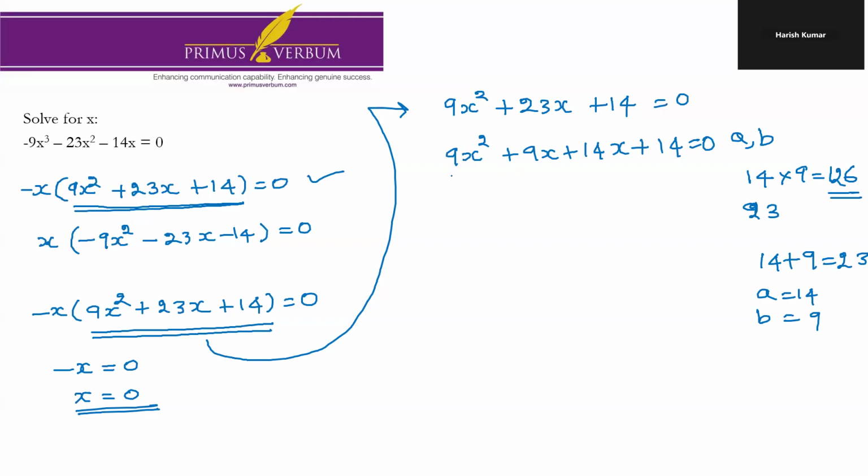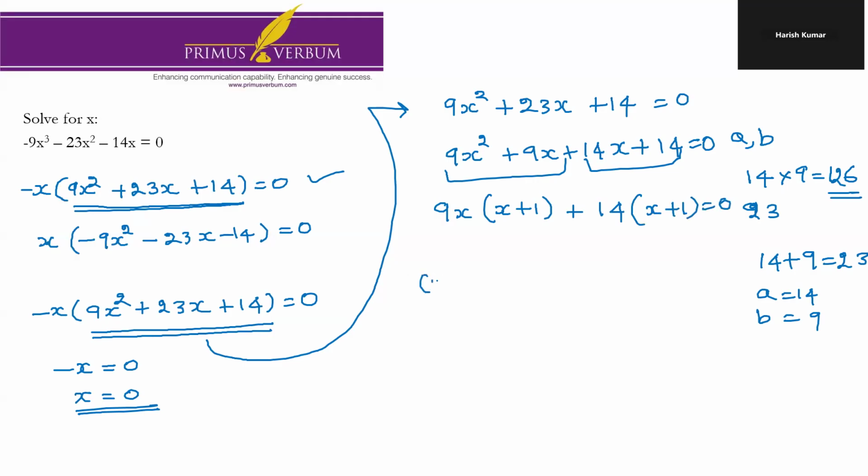Now let's group. We group this first, and we remove the highest common factor, that is 9x. So I get x plus 1. And we group this. Here we get the highest common factor as 14. Then I have x plus 1 equal to 0.